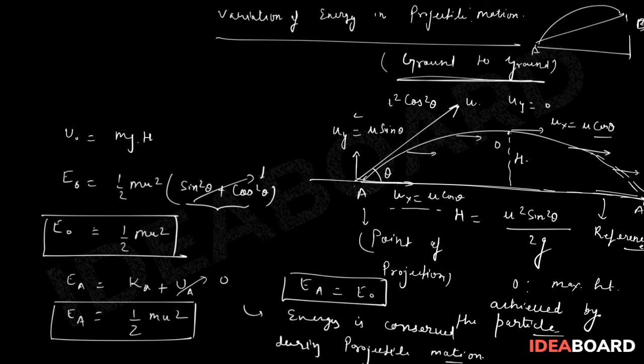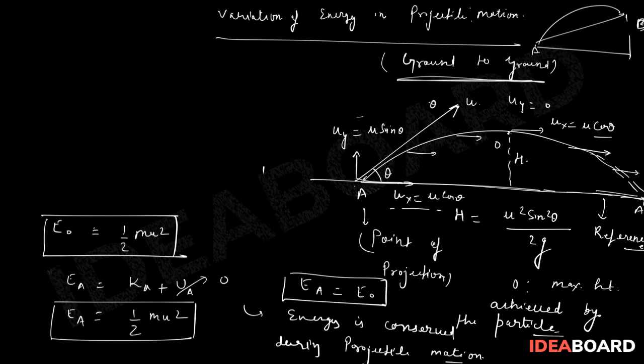And we can also calculate simultaneously the ratio of energies at the topmost point. So UO upon KO is going to be half m u square sine square theta upon kinetic energy, which was half m u square cos square theta.